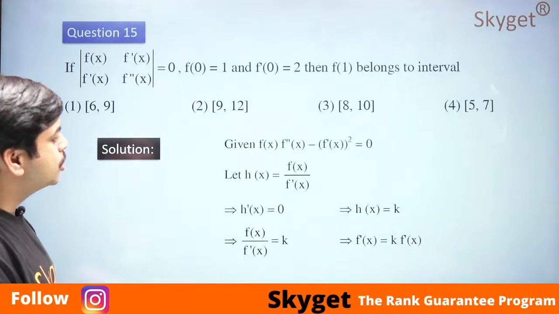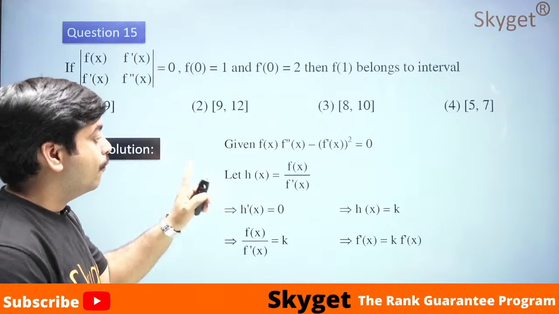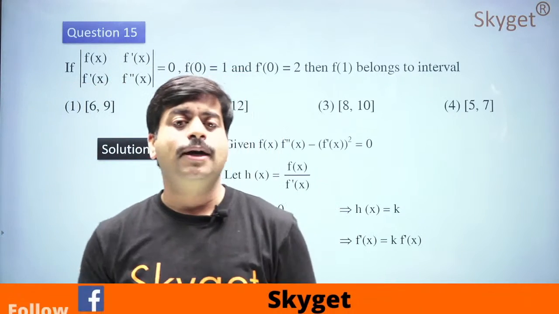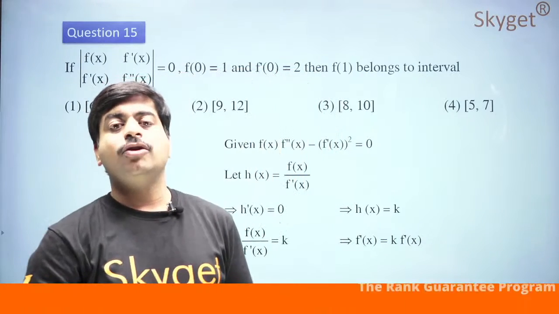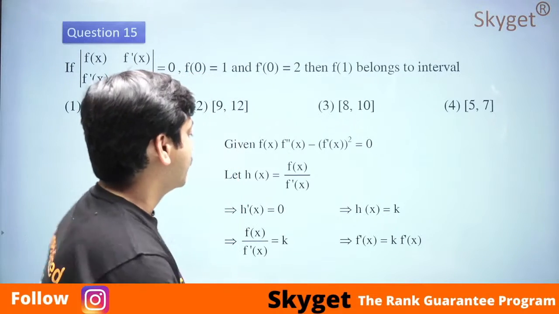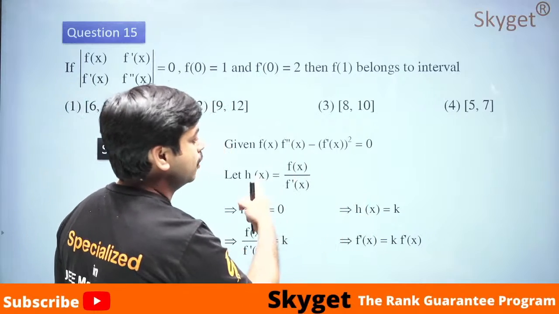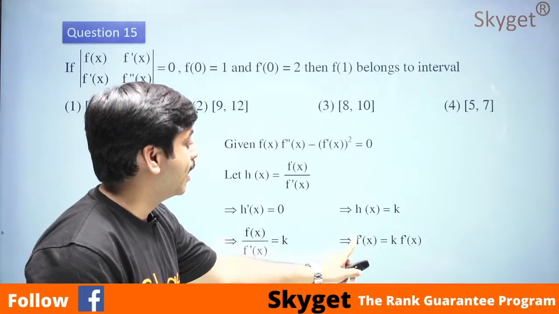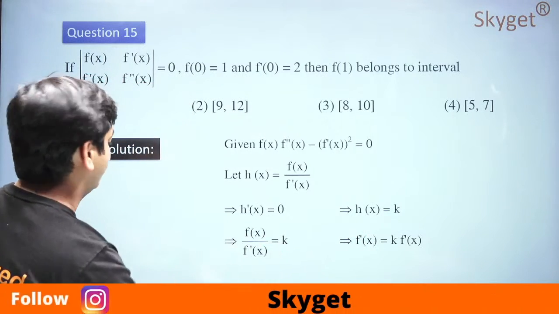So let us take h of x as f of x by f dash x. When will the derivative of a function become 0? The derivative becomes 0 only when it is a constant function, because a constant will not change anywhere. So I will take h of x equal to k. That means f of x is equal to k times f dash x.